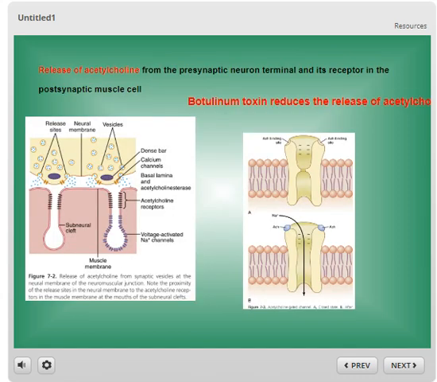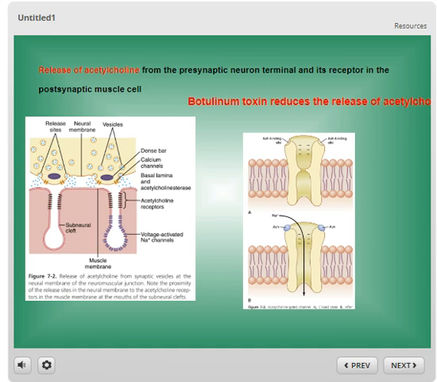Okay, here is an overview of the release of acetylcholine from the presynaptic neuron terminal and its interaction with receptors in the postsynaptic muscle cell. When an action potential reaches the presynaptic terminal of a motor neuron, it triggers the opening of voltage-gated calcium channels.